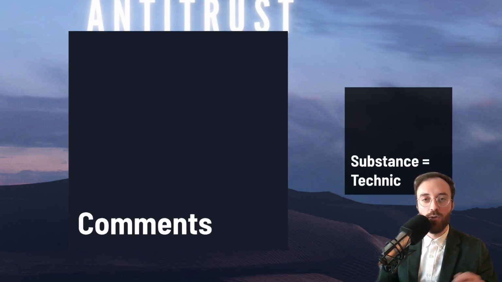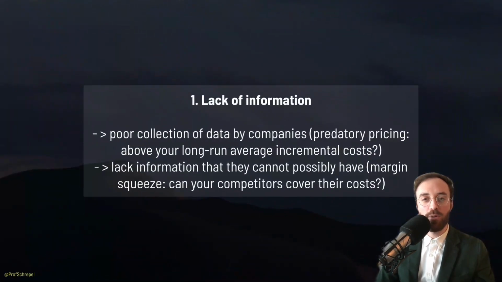Here's why. First, making my EU competition law API led me to consolidate two situations where users cannot proceed with the analysis. This is worrying as it means that companies in those two situations cannot possibly ensure that they comply with the law. The first situation is when companies lack the information to navigate the tree because they did a bad job at collecting the data.